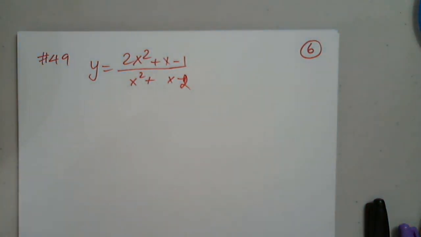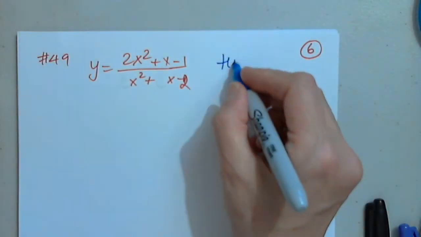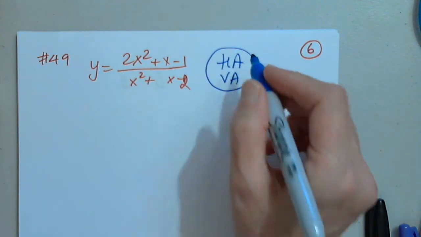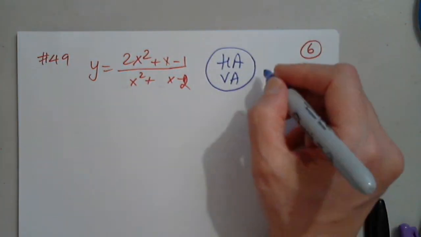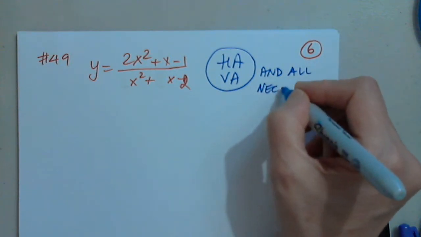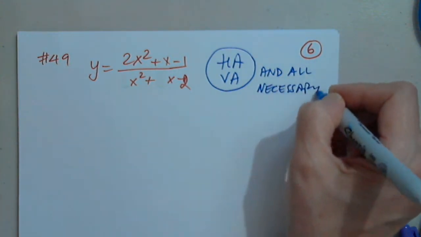Done. So this problem, and this is a potential problem on a test, very important type of problem. We're asked to find if this function has horizontal and vertical asymptotes, and I will specify all necessary limits.